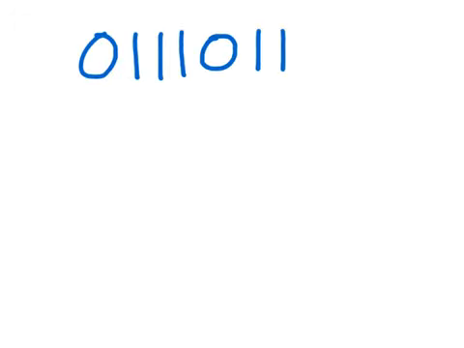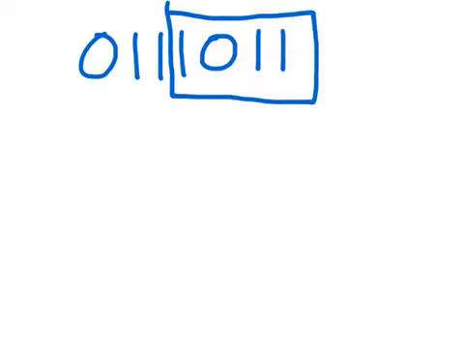So, for example, we wouldn't write a binary number like this. We would instead break it into 4s, starting from the right, and we would put a 0 if needed to make sure that the binary number is in sets of 4s, and then we would write it with a space like this.